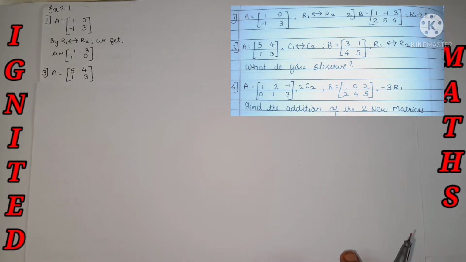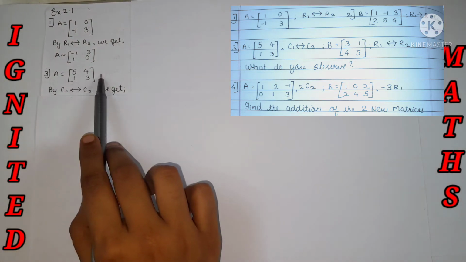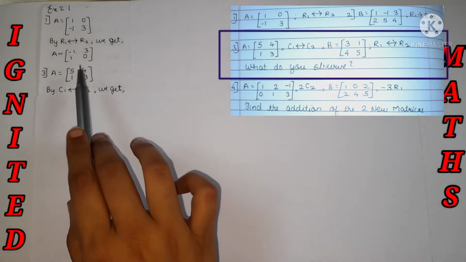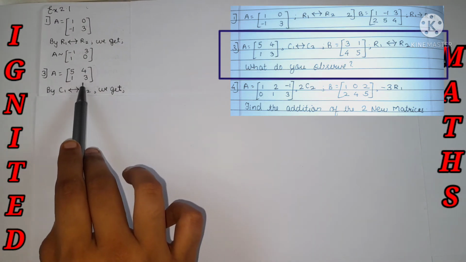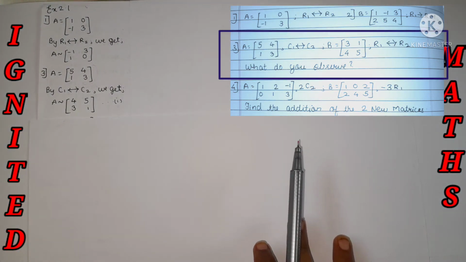It's nothing but column 1 and column 2 are interchanged. So this is my row 1, row 2, and this is my column 1, column 2. Column 1 will be interchanged with column 2 and column 2 with column 1. That's what we have done here.